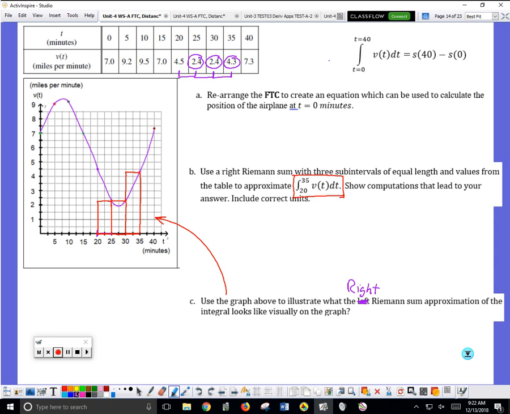There'd be a rectangle here that would go all the way to the curve. It needs to be a little wider. Something like this, kind of a rough approximation. So imagine that as being much narrower. Then there'd be another rectangle, and on and on and on.